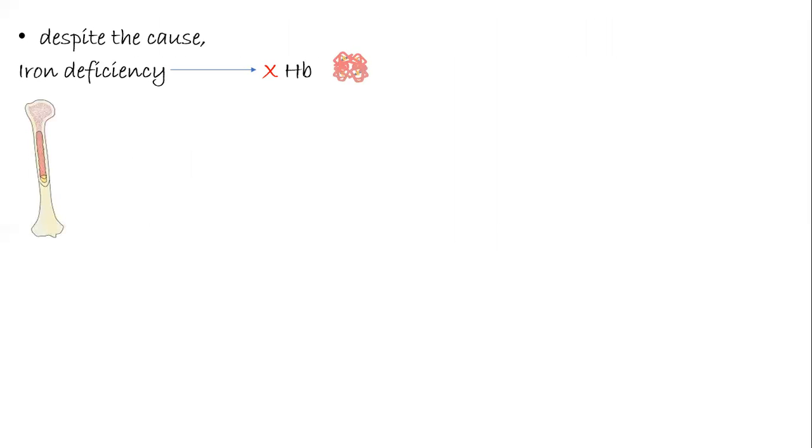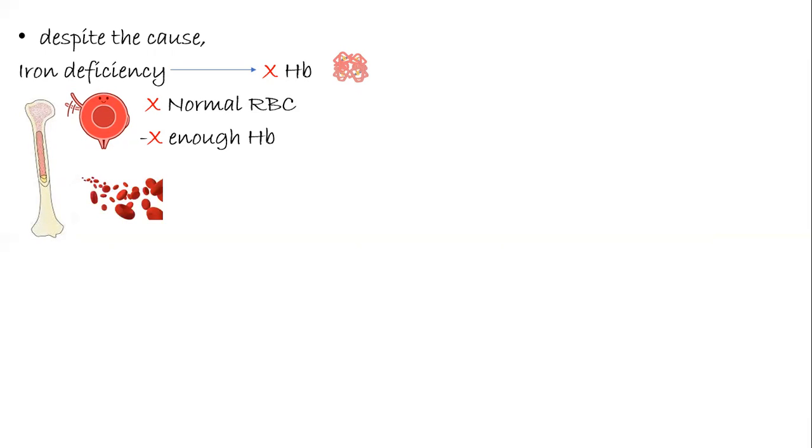In our bone marrow, when there is sufficient intake of iron inside the body, normal RBCs are produced. But when the body is deficient of iron, hemoglobin is not produced normally, and hence there is no normal production of RBCs. Instead, the hemoglobin levels are reduced, and due to this microcytic RBCs are produced.